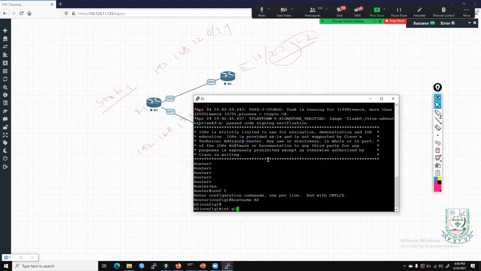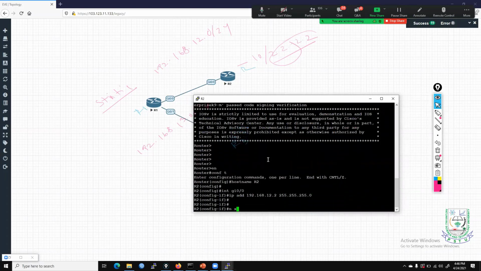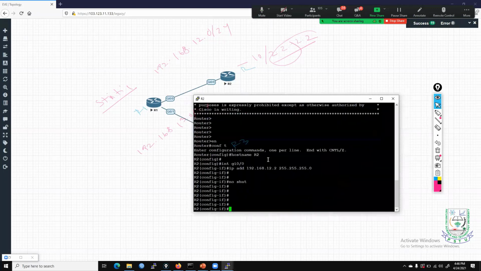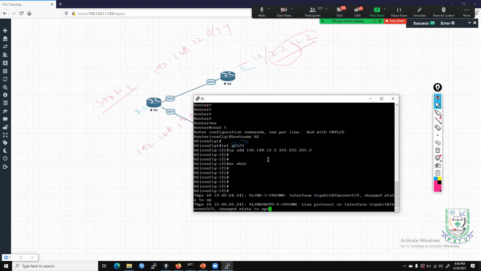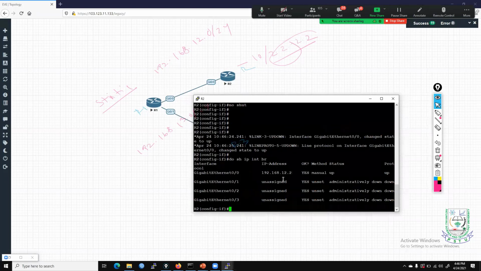So interface gig 0/0, IP address is 192.168.12.2, and the subnet mask is 255.255.255.0, and the no shut command. If you check now the interface IPs, show ip interface brief, we are now getting the 12.2 IP set on gig 0/0, but there is no loopback interface with 2.2.2.2.